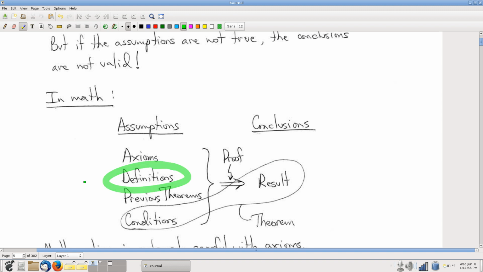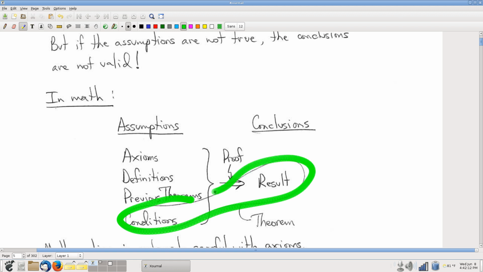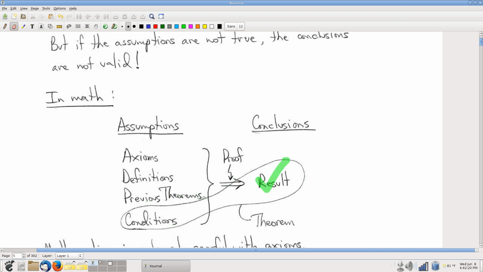It's an arbitrary decision that's made just to help you have some words to use in discussing what it is that you want to talk about. It's not a statement of truth. A theorem is a statement of truth, that if this is true, then that result must be true. So it's an actual assertion.